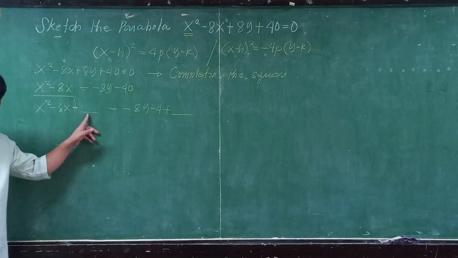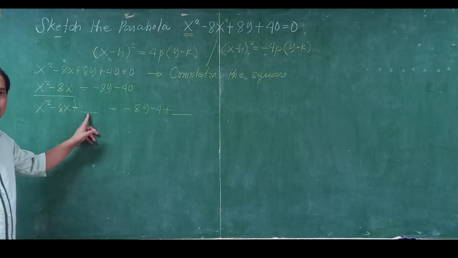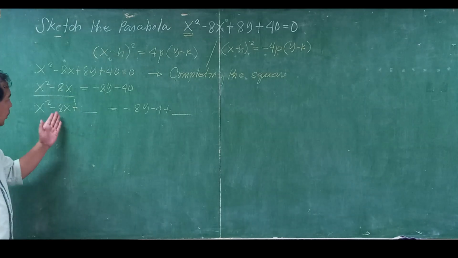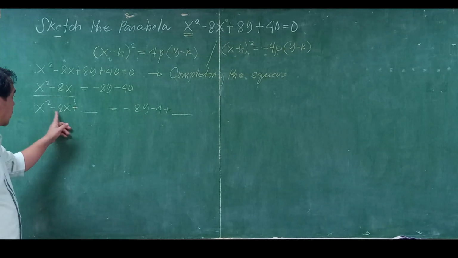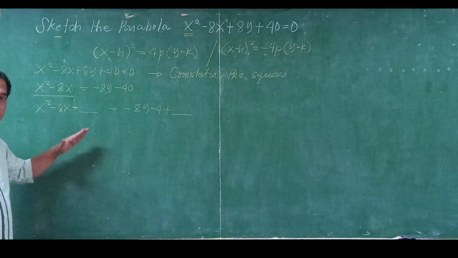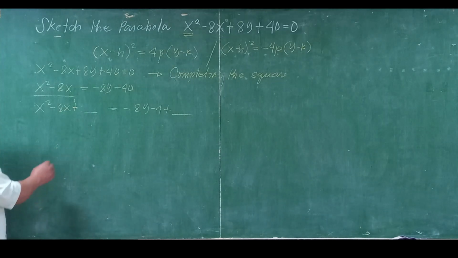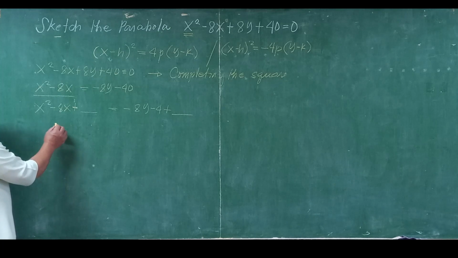Now to get this third term of the trinomial, we are going to get the numerical coefficient of the middle term, that is the same as negative 8, and divide it by 2.